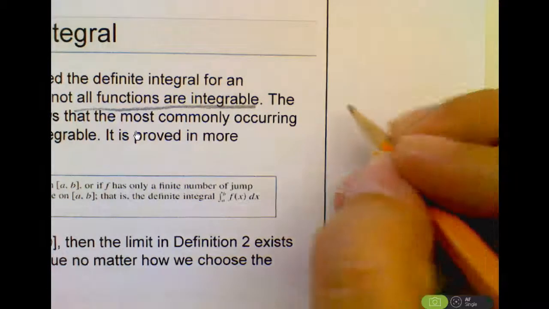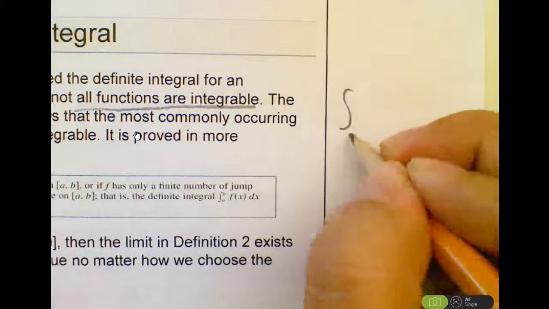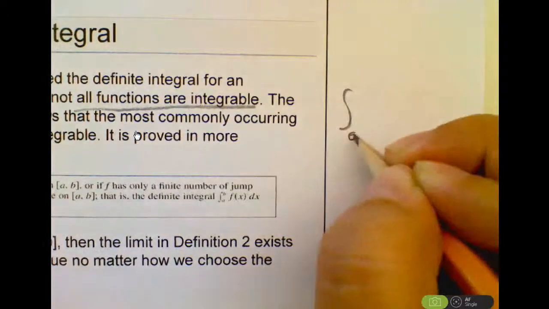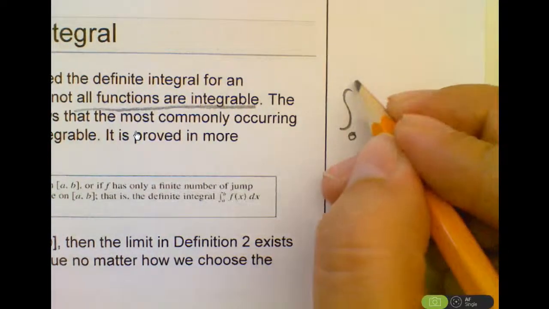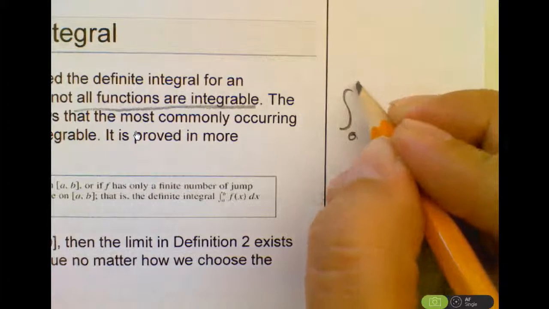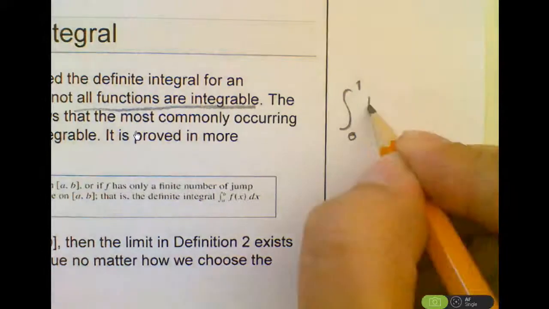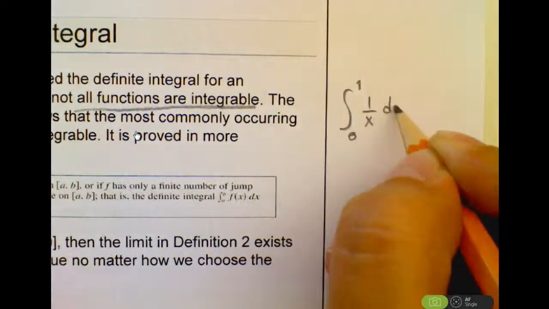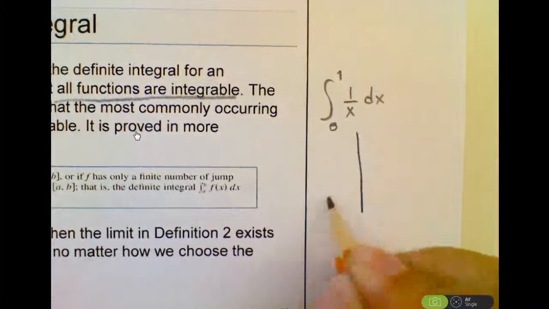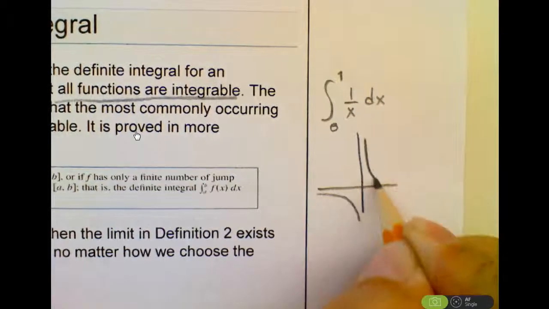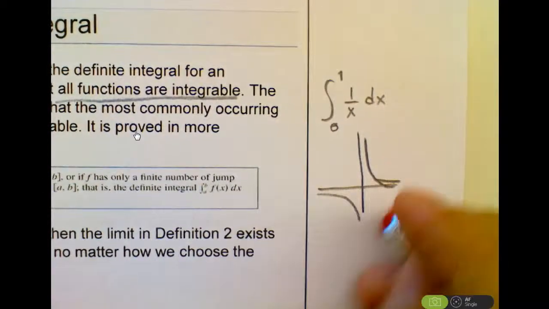For example, if I have to take the integral between 0 and any number that you want, 1, 2, or 3, or any constant, let's say just 1, of 1 over x dx, you know that this function behaves in the following manner. And, oops, it doesn't cross the x-axis.